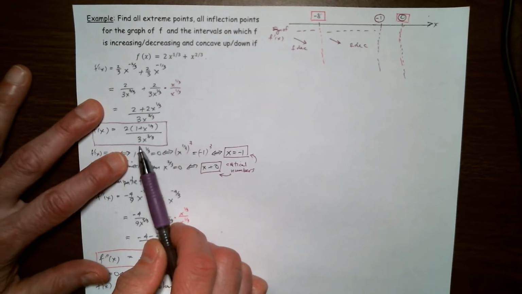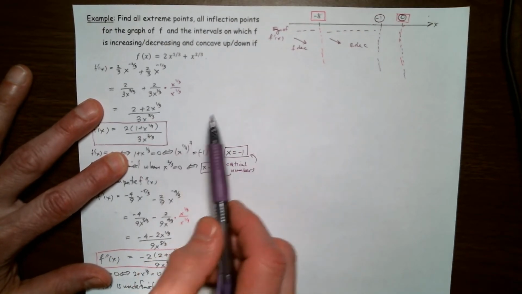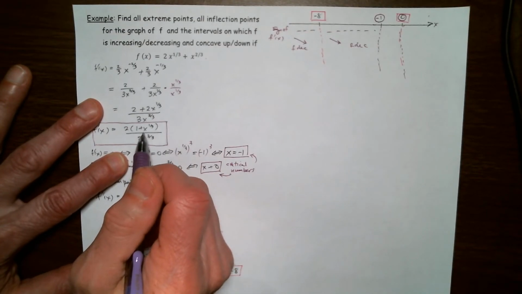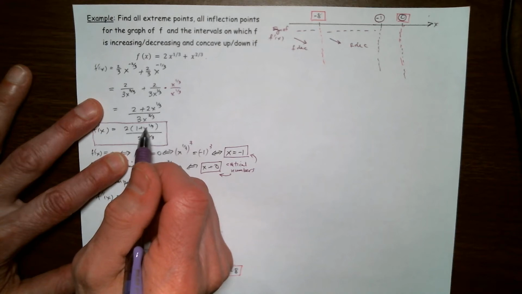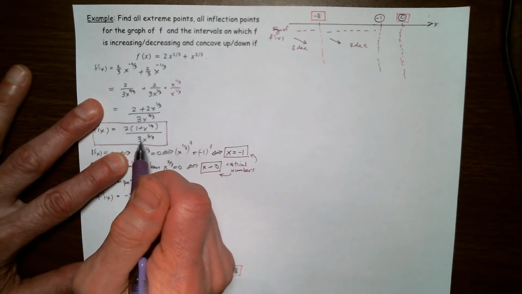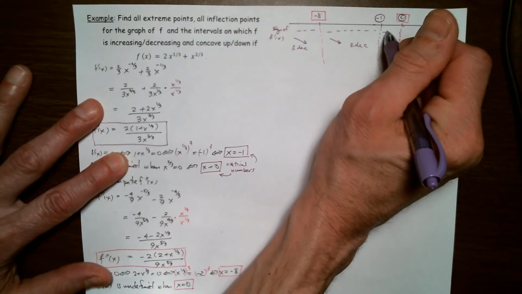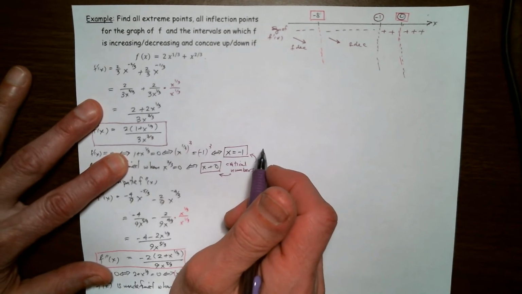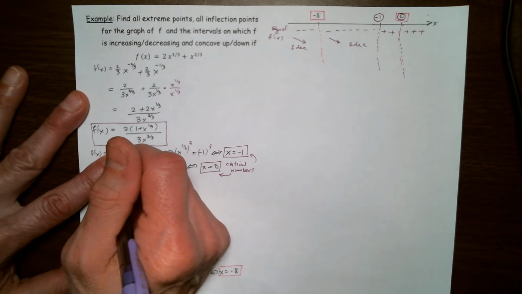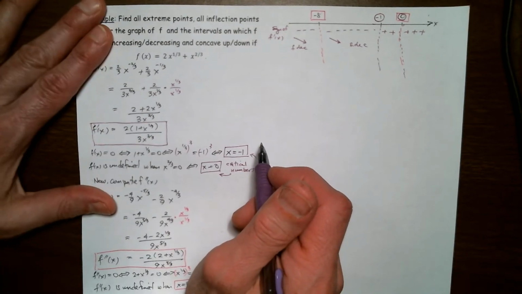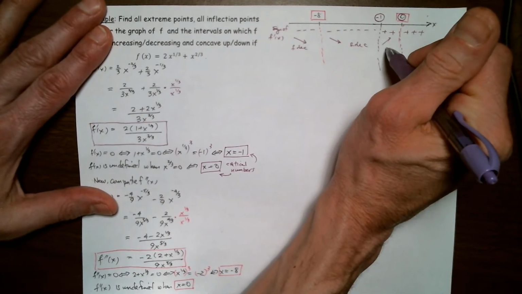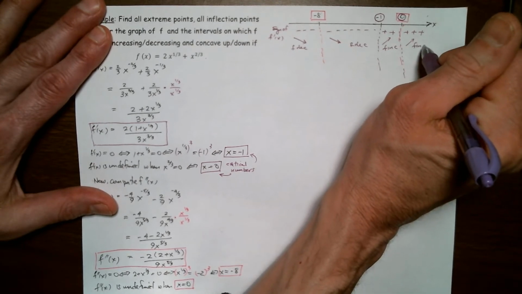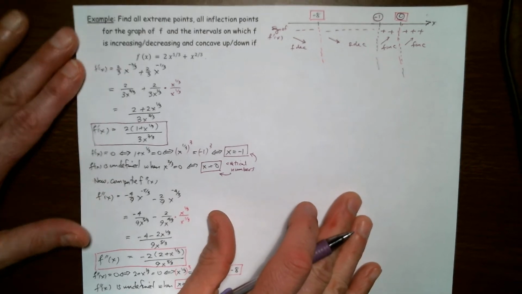Again, the denominator is positive for all such x except 0. And so we'll always get something positive divided by something positive, both between minus 1 and 0, and for x greater than 0. So we always have positive slope to the graph of f. Positive first derivative means the function f is always increasing on the interval from minus 1 to infinity.